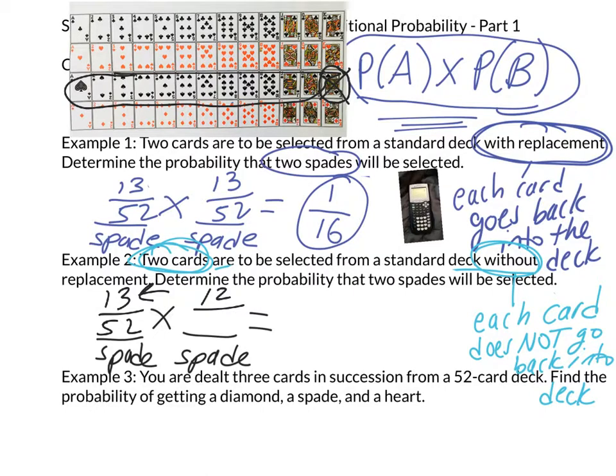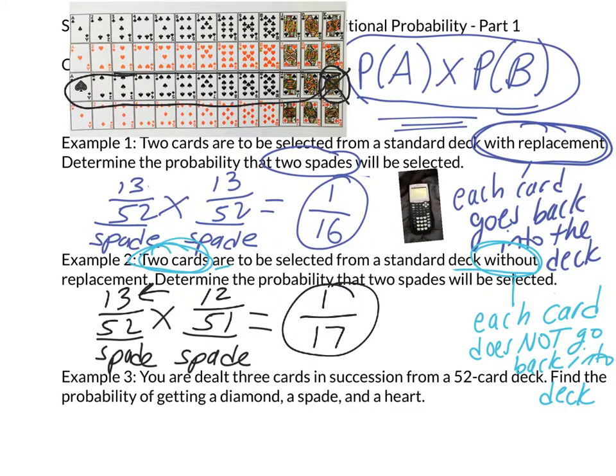And my grand total of cards is down to 51. So it's 13 over 52 times 12 over 51 that you're going to punch into the graphing calculator. Math button, frac, enter. If you type it correctly, you should get 1/17 on the calculator as the final reduced answer.